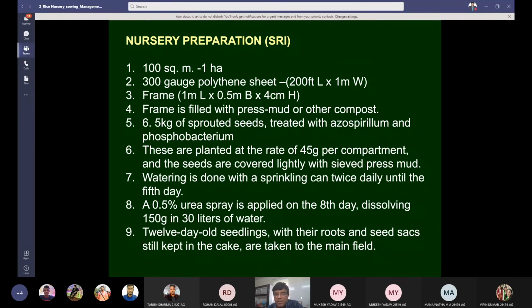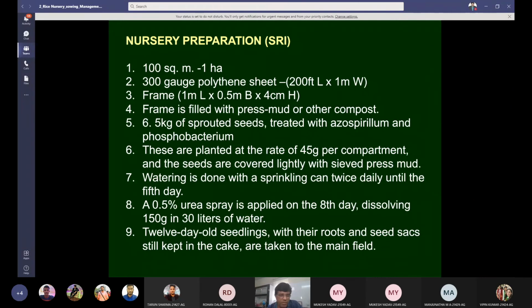These are planted at the rate of 45 gram per compartment per frame, and the seeds are covered lightly with sieved press mud, a 1 centimeter thin layer. Watering is done with a sprinkler twice daily until the 5th day, and then a 0.5% urea spray is applied on the 8th day, dissolving 150 gram in 30 liters of water. Seedlings are ready in 12 days.